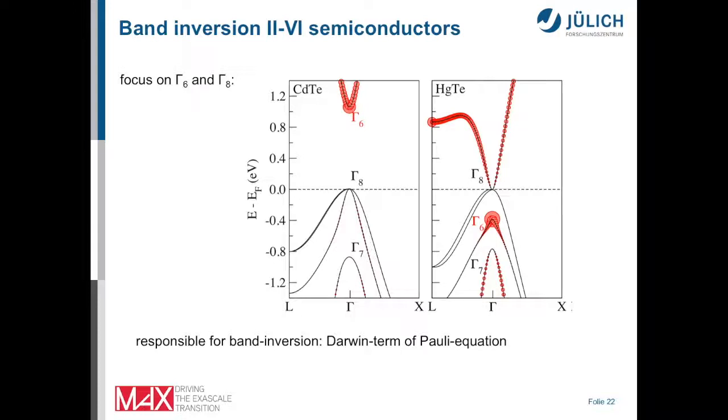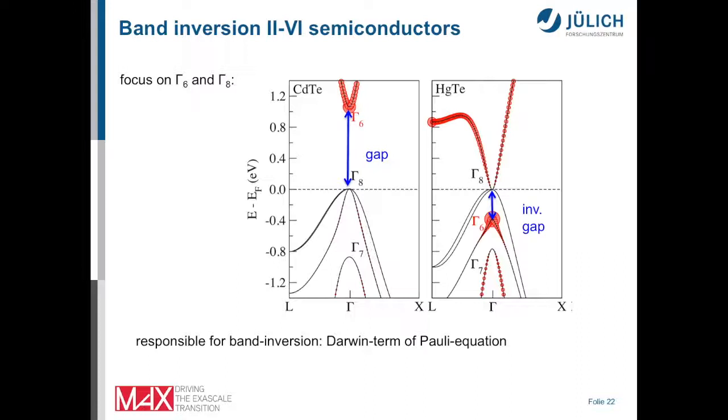And also there you have a band inversion that comes from the larger nuclear number of the mercury here. If I compare with the cadmium telluride, the cadmium in the periodic table is above the mercury, and then you see the gamma-6 state is above the Fermi level in cadmium telluride.